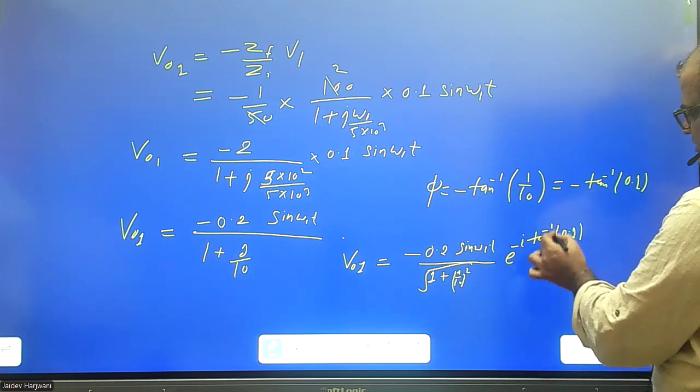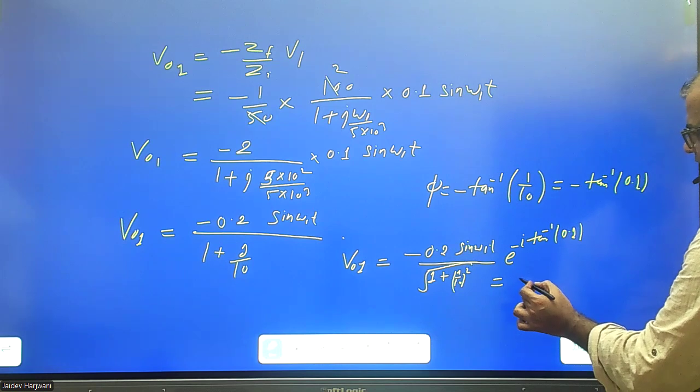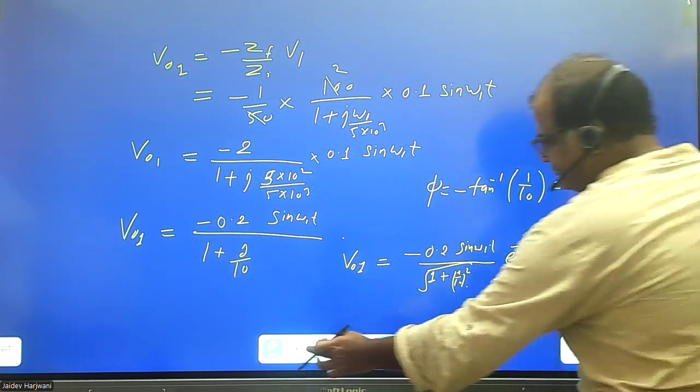So this is almost 0, and I can neglect the phase. So your answer is coming minus 0.2, and this magnitude is almost equal to 1.